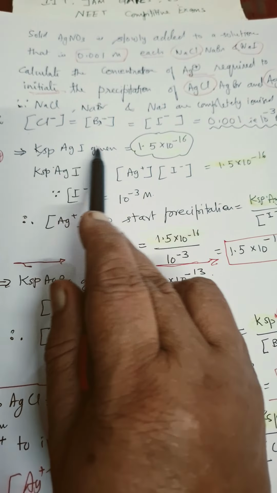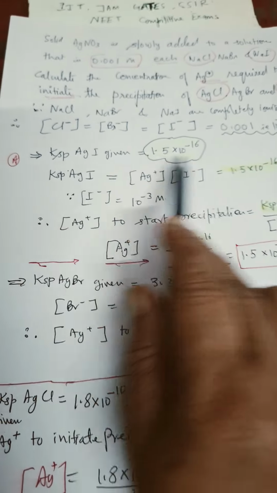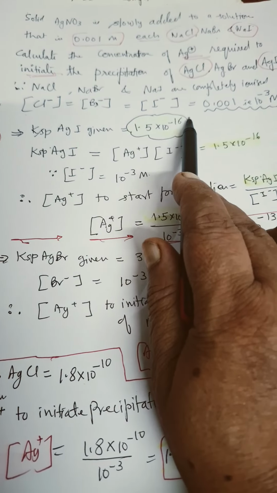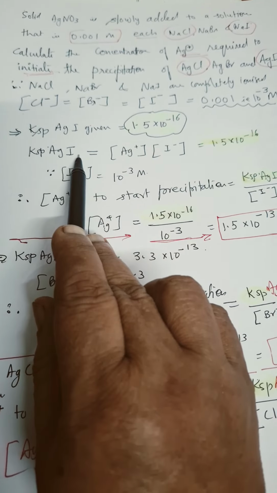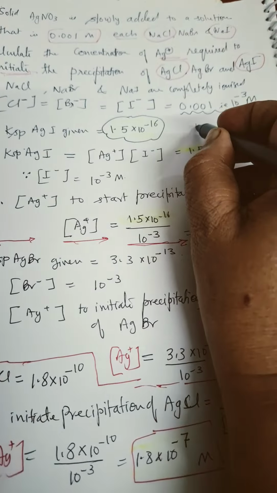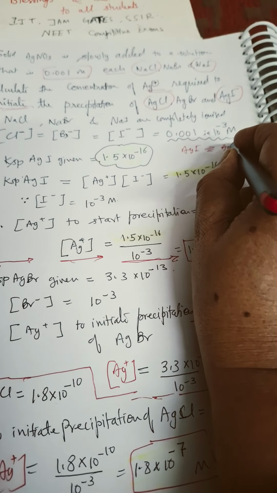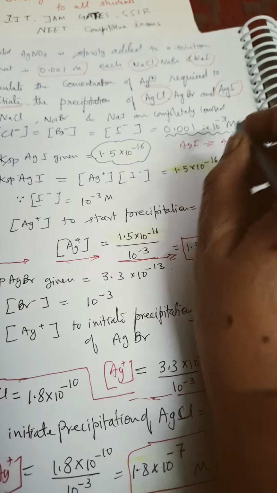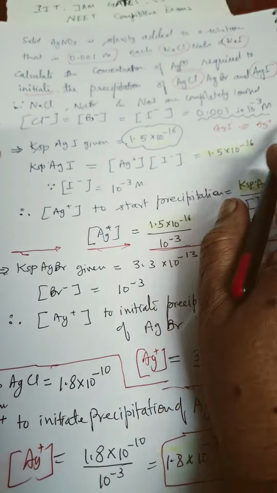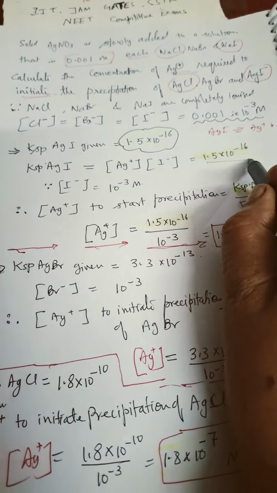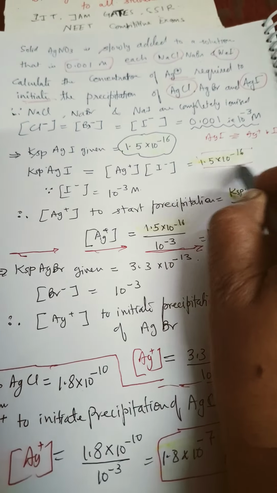Now Ksp is given. AgI I have not written here, but here I am giving Ksp of AgI as 1.5 into 10 to the power minus 16. We know AgI is ionized as Ag+ plus I-. So Ksp will be the molar concentration of Ag+ times that of the iodide ion, which is 1.5 into 10 to the power minus 16.